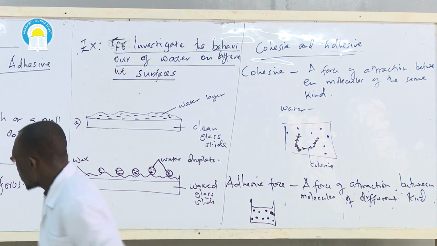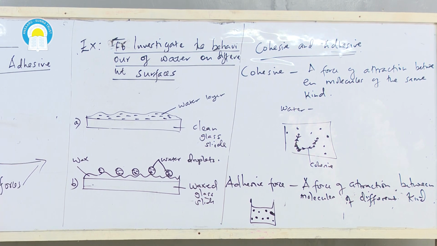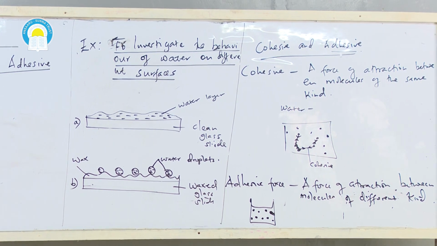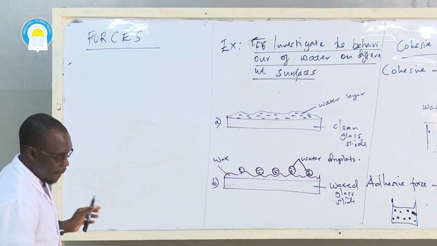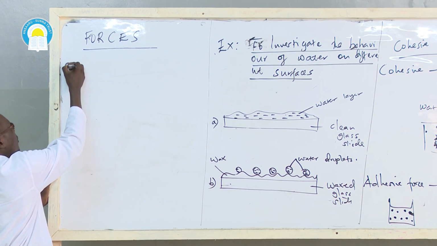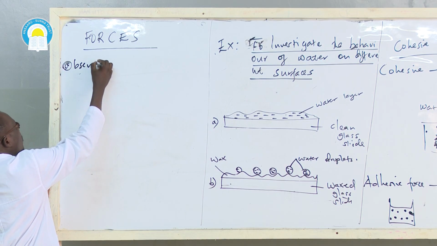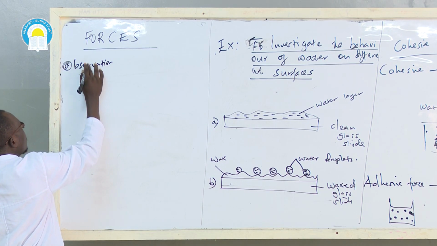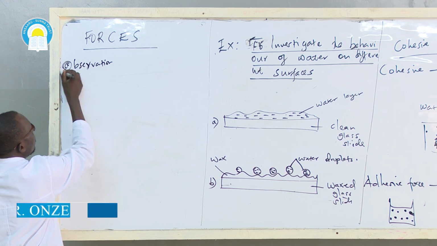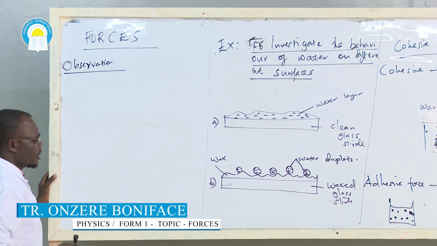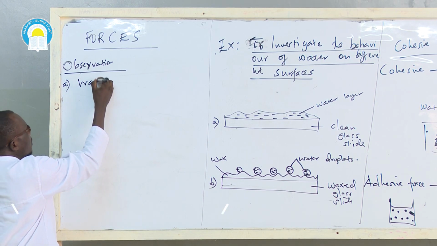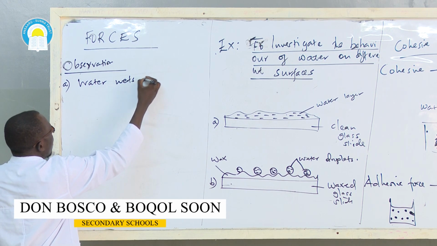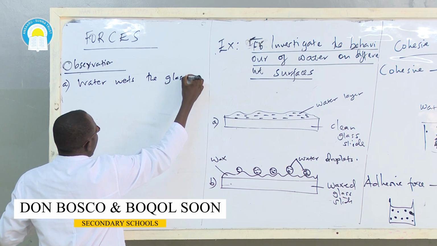In summary, observations. Observations in diagram A: water wets the glass surface.